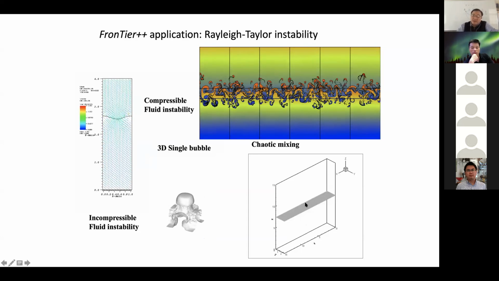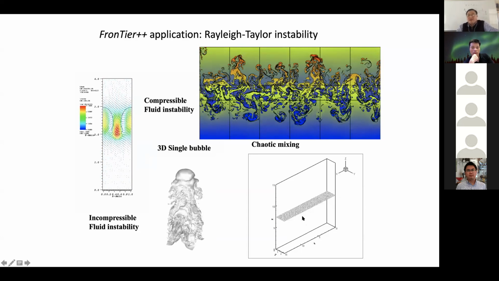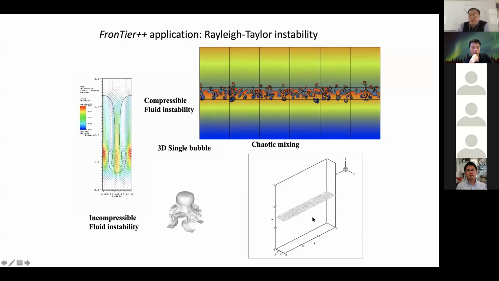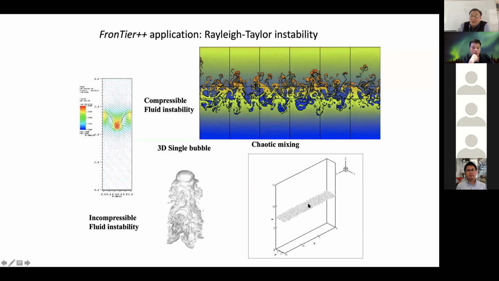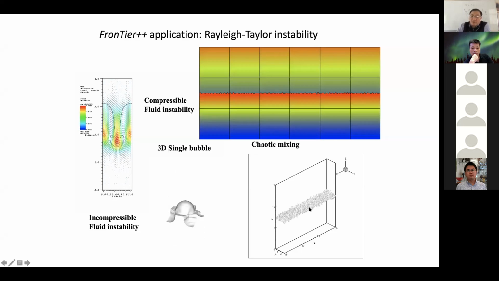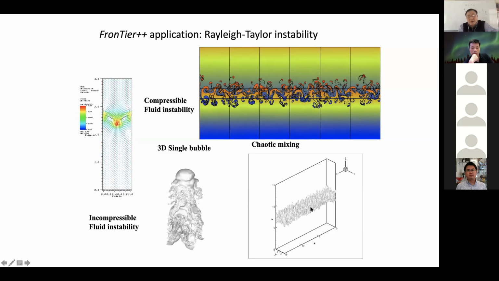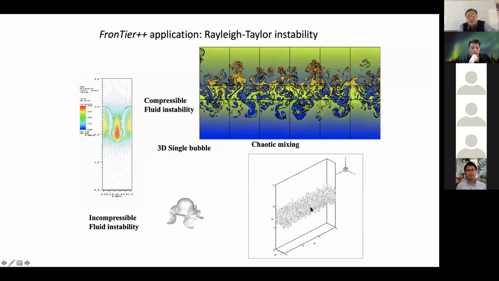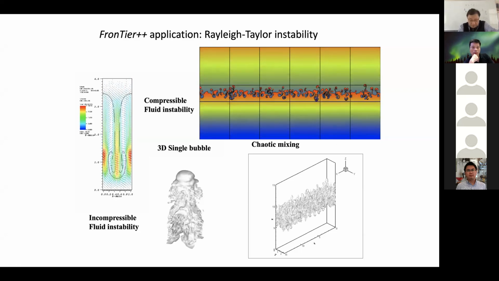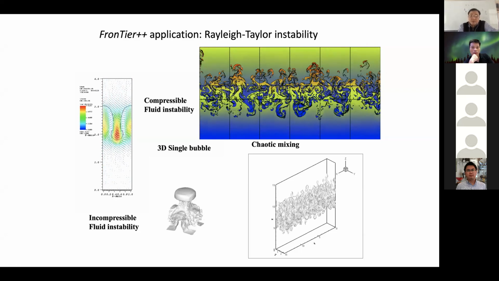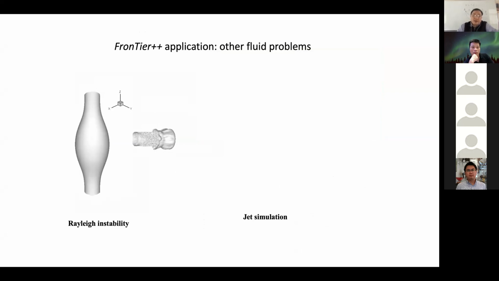That's David Youngs, and he set up an experiment to measure the mixing rate. So we had a very good agreement with David Youngs' result. It was published in Physics of Fluids and several other journals.